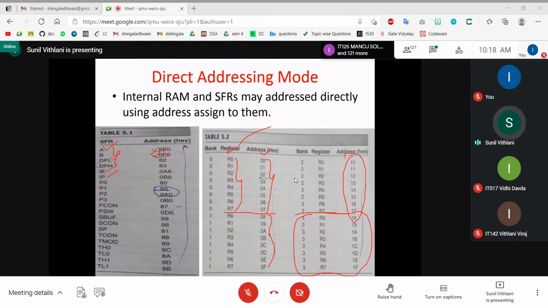This P0, P1, P2, P3 is for port 0, port 1, port 2, port 3. PCON special function register, PSW special function register, SBUF, SCON, stack pointer, TCON, TMOD, lower counter, timer 0 and timer 1. So we will use it like this.